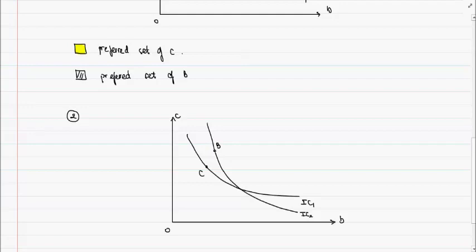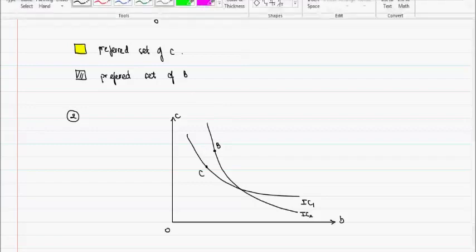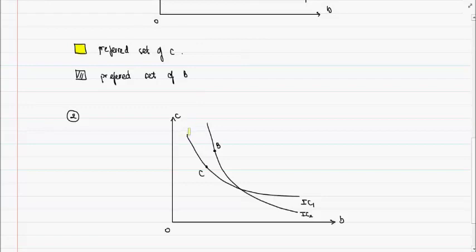Bundle B includes a higher amount of both goods, so obviously bundle B is preferred to bundle C. Again, the preferred set of C is the area that includes all the bundles that are preferred to C. In this case, it is the whole area above the indifferent curve going through point C, which is the yellow highlighted area over here.